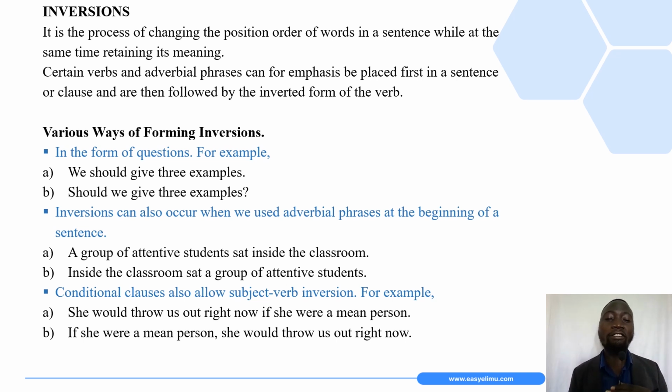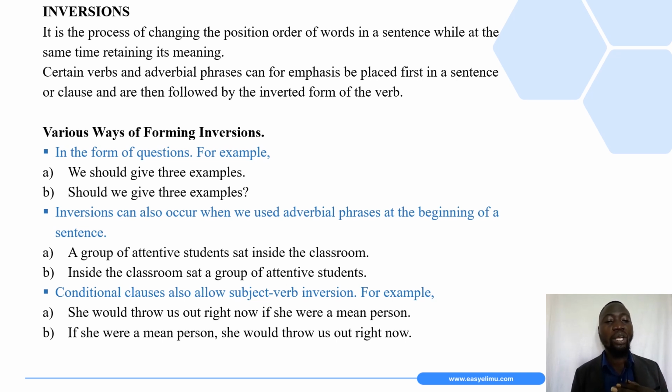Certain verbs and adverbial phrases can be placed first in a sentence or a clause and are then followed by the inverted form of the verb, sometimes for emphasis. Some of the various ways of forming inversions include the following.